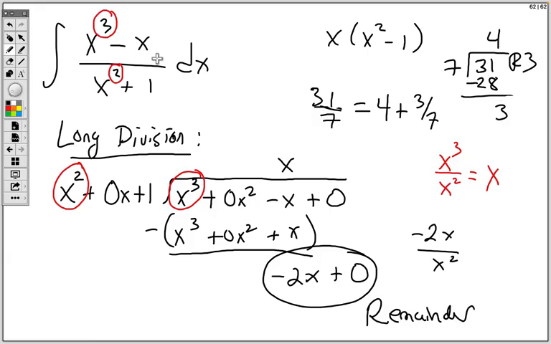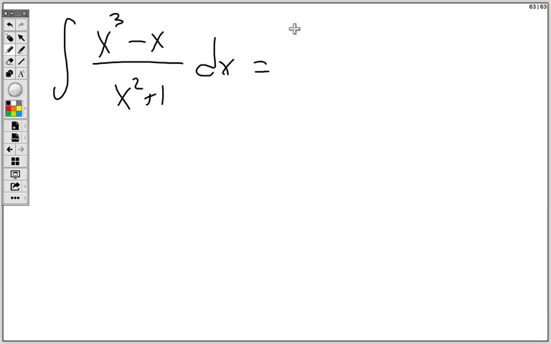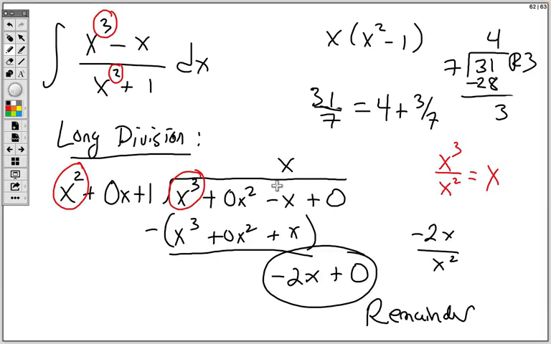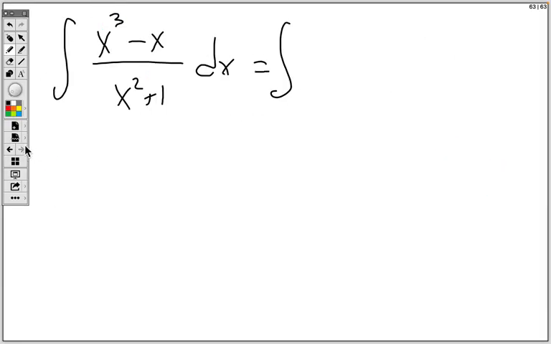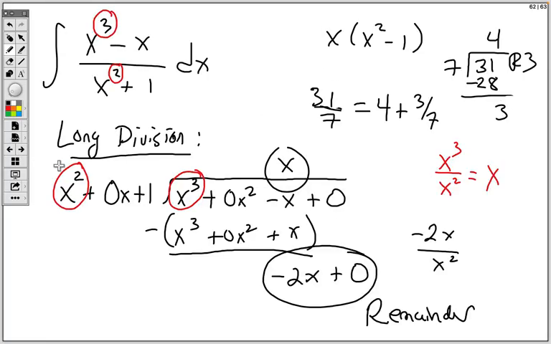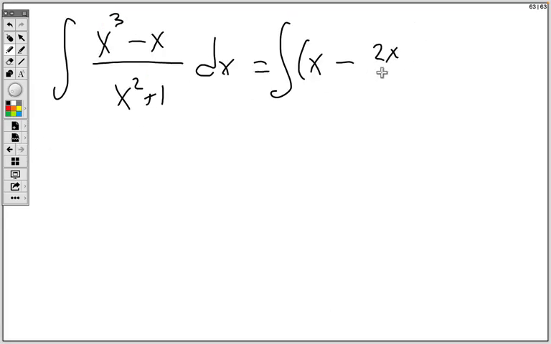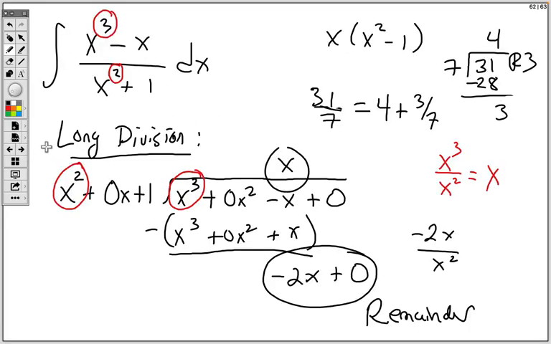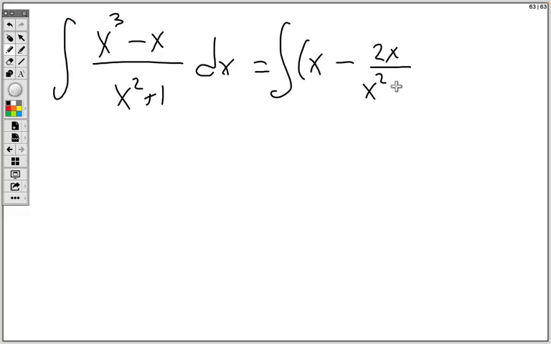And so I can rewrite my integrand the same way I rewrote the improper fraction here. Thanks to that division, I can rewrite the integral of x cubed minus x over x squared plus 1 dx as the integral of the quotient here, which is x, plus the remainder, which in this case is minus 2x over the divisor, x squared plus 1, dx.